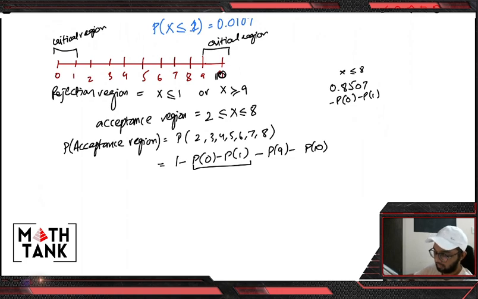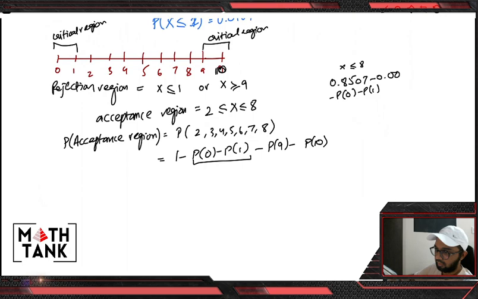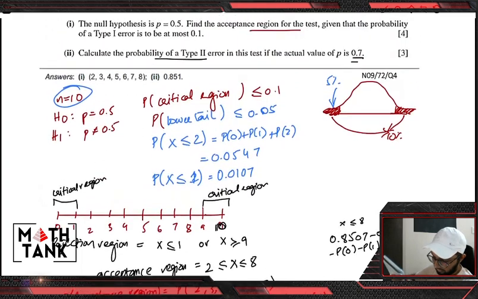So what I wrote down before was minus 0.0001437. So 0.8507 minus 0.0001437. Hopefully that gives me the right answer.